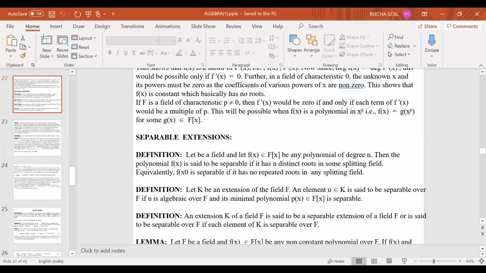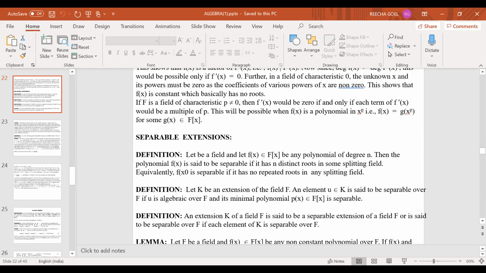And then if each element of an extension is algebraic over F, then we say that the extension is an algebraic extension of F. Now, if we consider the field of rational numbers, obviously R is an extension of Q, then all those elements of R which are not algebraic over Q are called transcendental numbers.